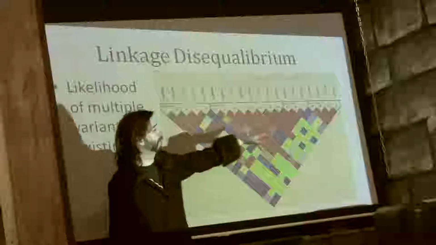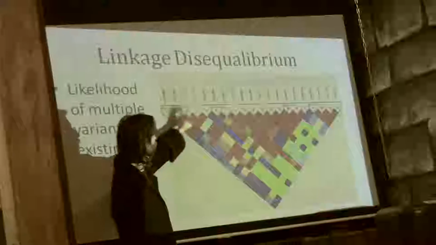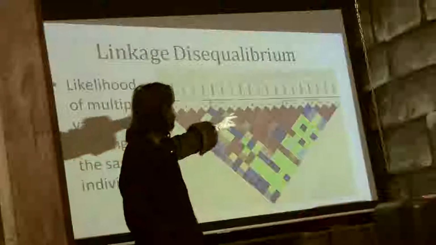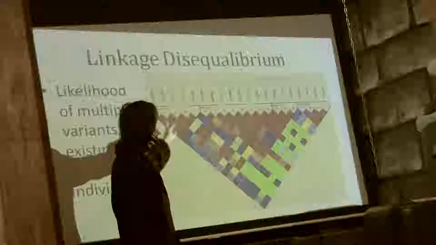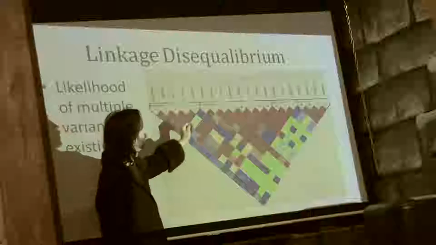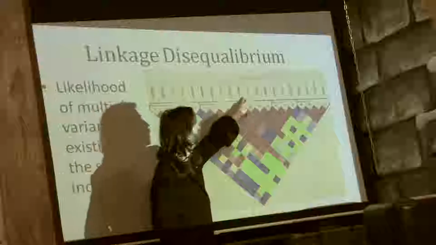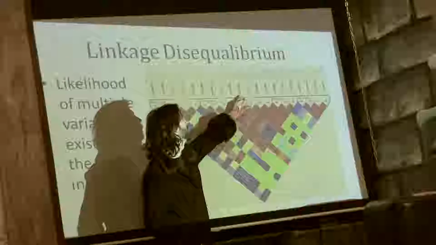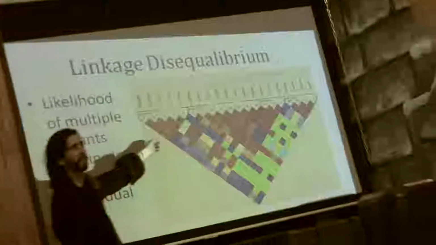And you can do this across large swaths of the genome, and then you get what are called haplotype blocks. But this leads to a few things, like one is a difficulty in determining whether this mutation is the one that's causing a disease, or is it this one that always gets inherited with it.